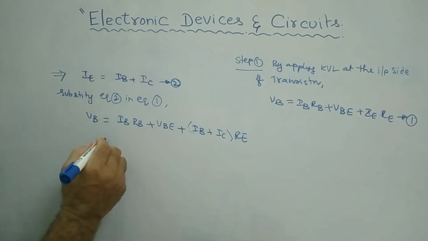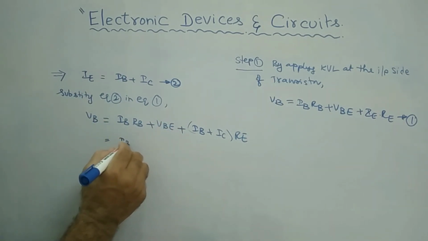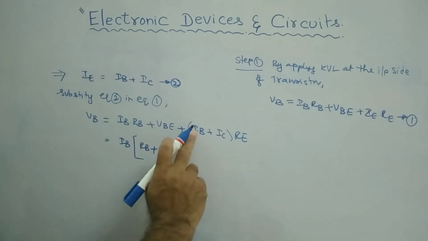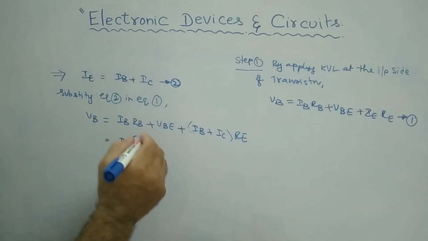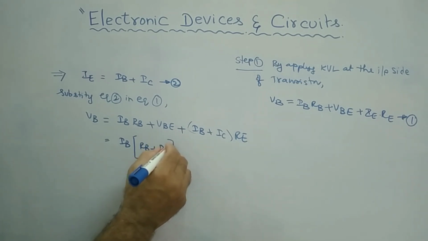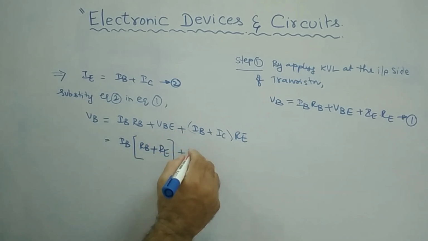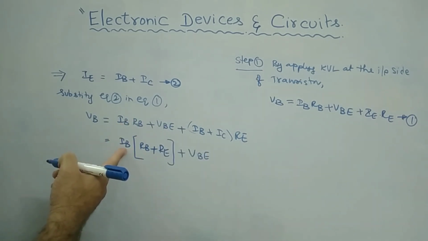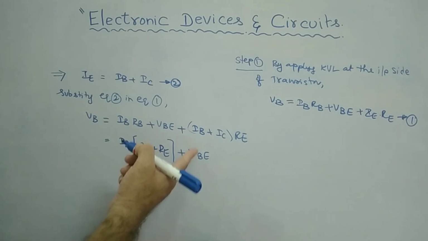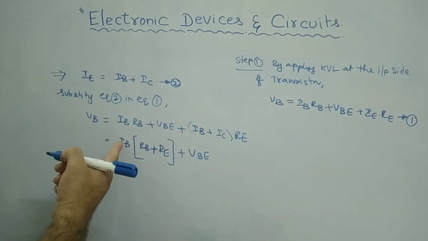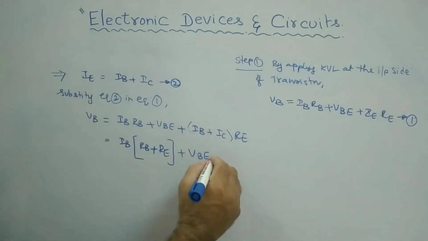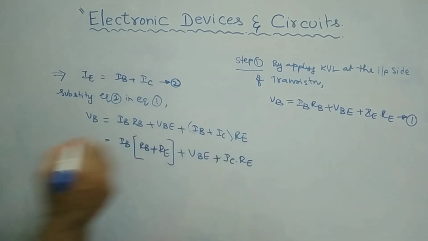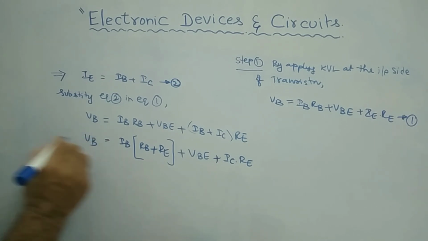So from this, you can take IB as common. If you take IB as common, you will get RB plus RE, plus VBE. IB we have taken as common, therefore RE, and what else is there? IC into RE. Clear? This is what VB is equal to.